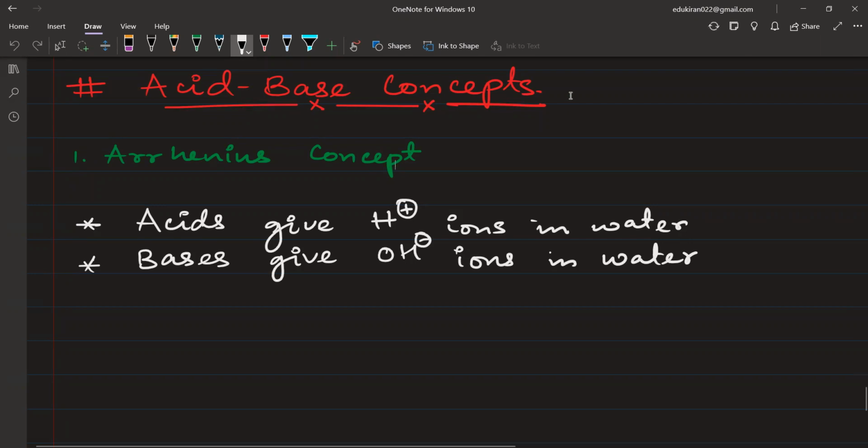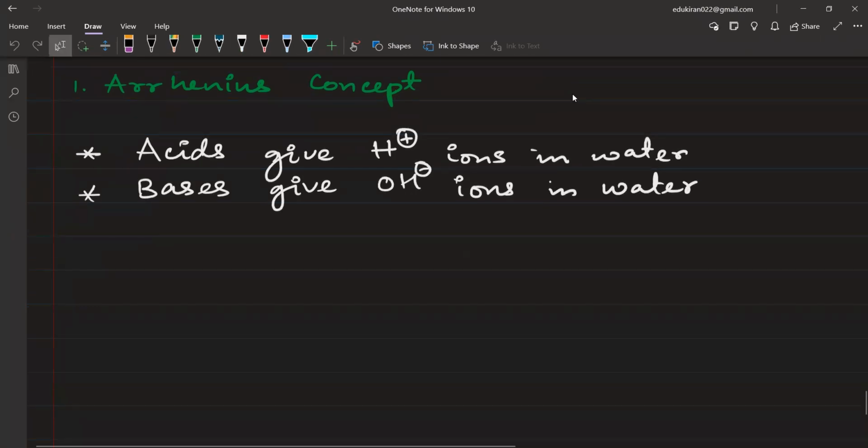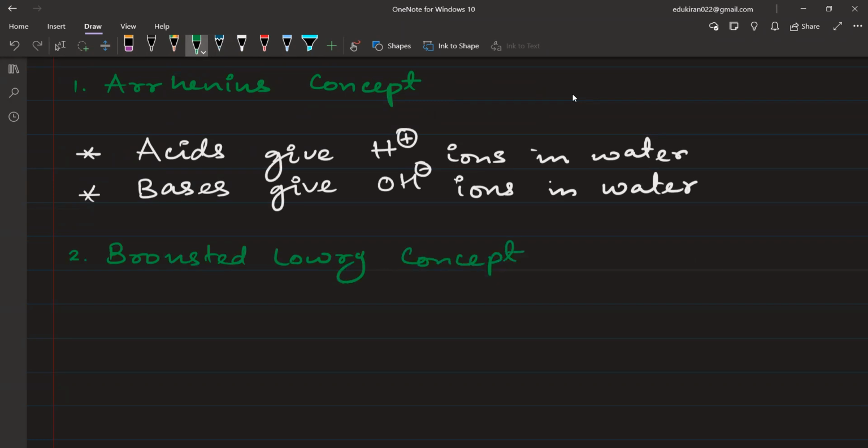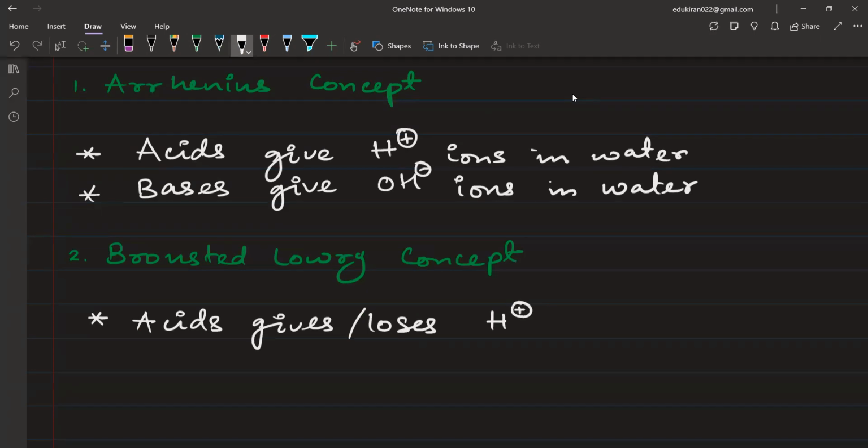Okay, next is जो आपके पास ज़्यादा important होगा, that is Bronsted-Lowry acid base concept. Now, Bronsted-Lowry said that acids give, or we can say lose, H plus, ठीक है, और bases क्या करते हैं?